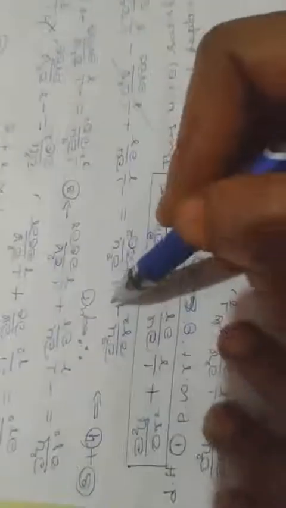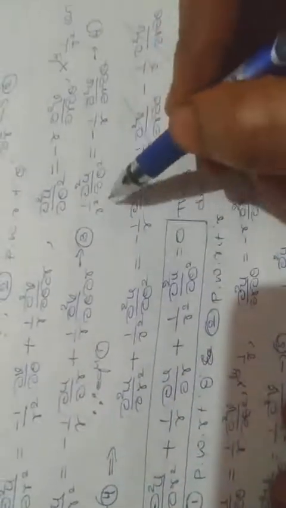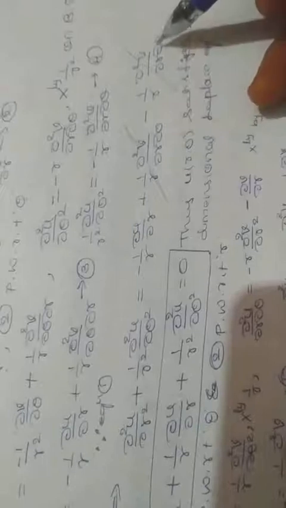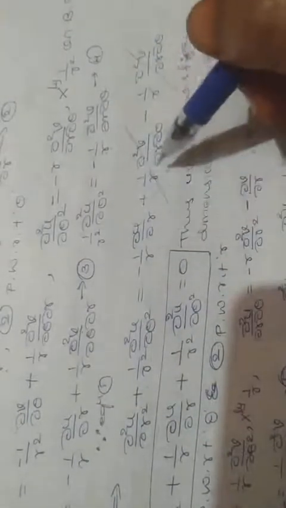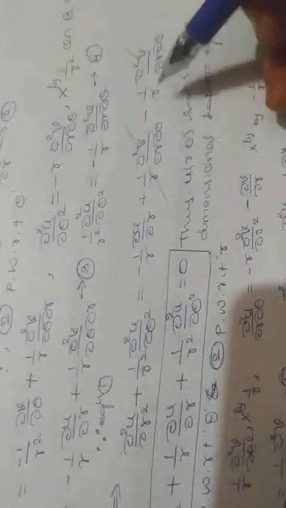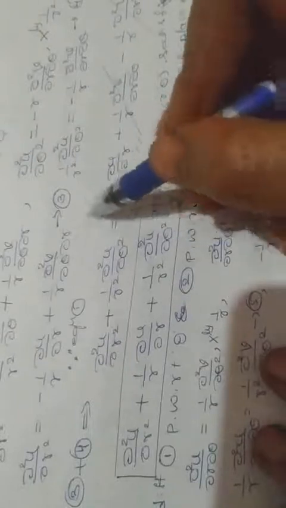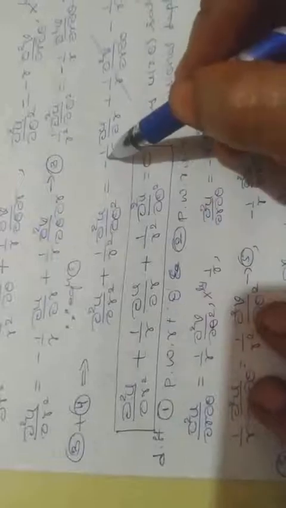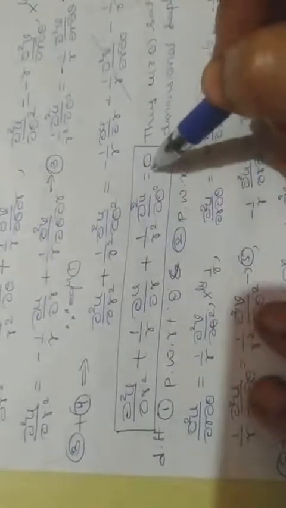Add 3 and 4. So ∂²u/∂r² plus 1 by r square into ∂²u/∂θ² equals, add the RHS of both 3 and 4. When you add 3 and 4, see, this is a positive term and this is a negative term, so they get cancelled, and if you transfer this term to the LHS, negative becomes positive. ∂²u/∂r² plus 1 by r into ∂u/∂r plus 1 by r square into ∂²u/∂θ² equals 0.